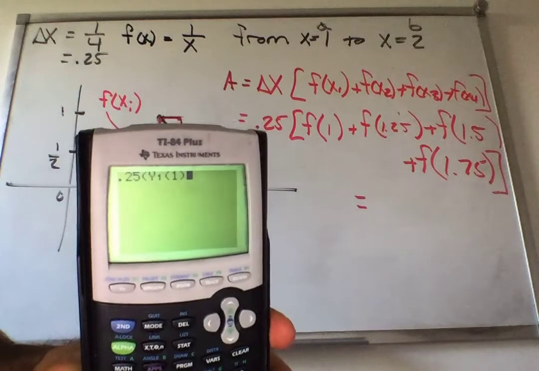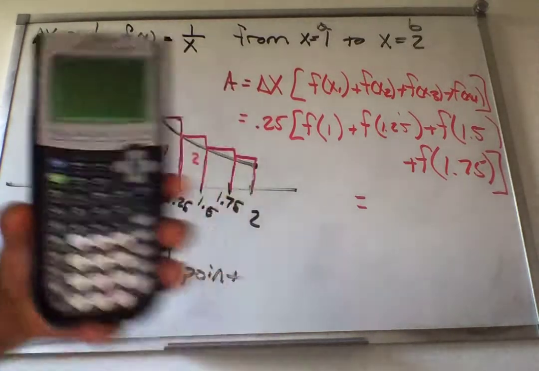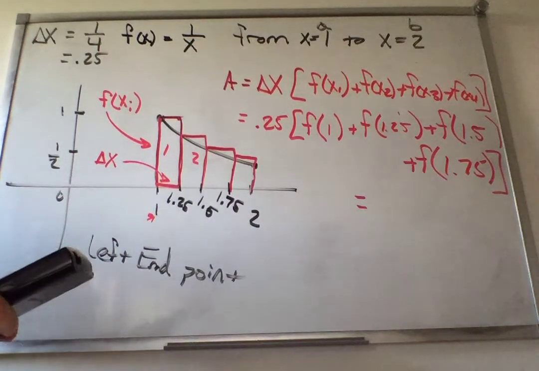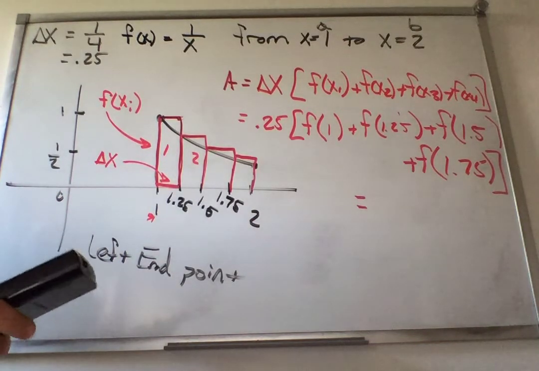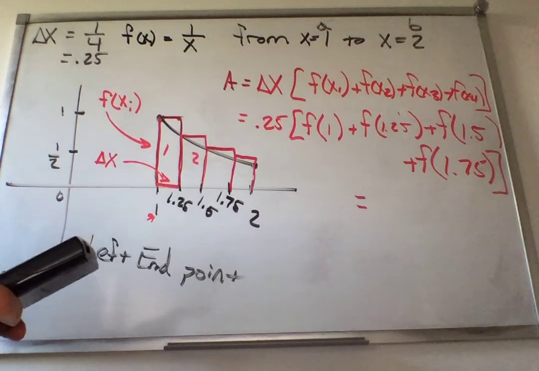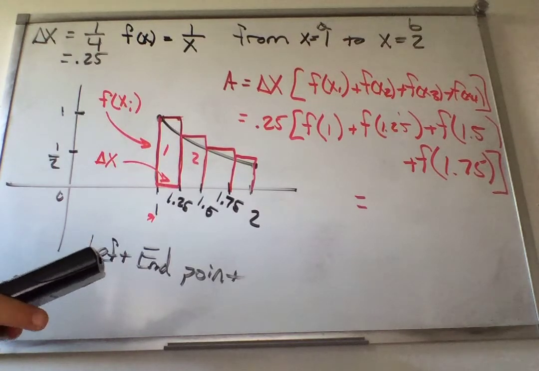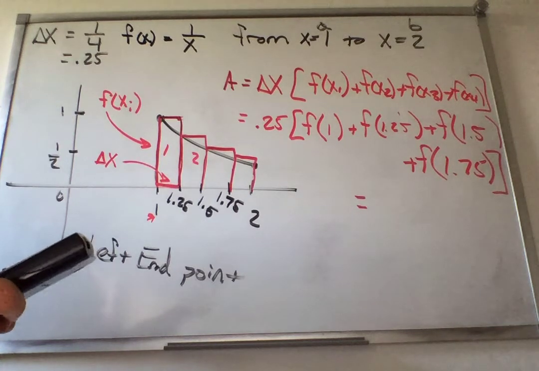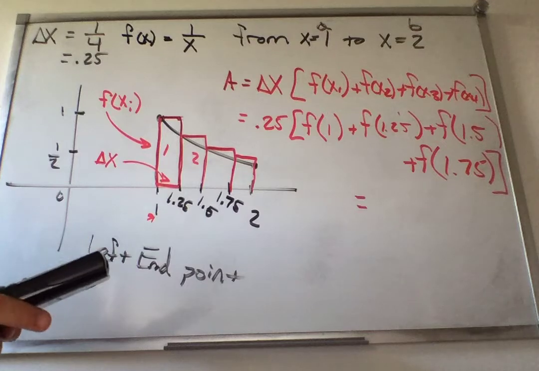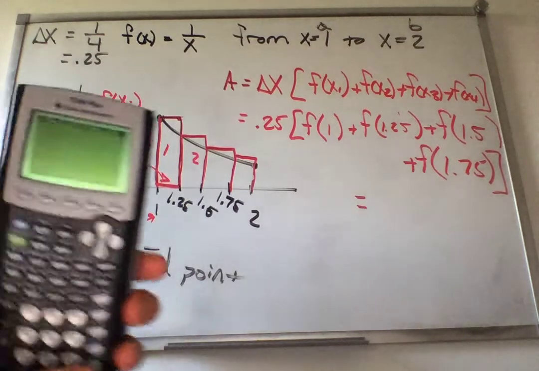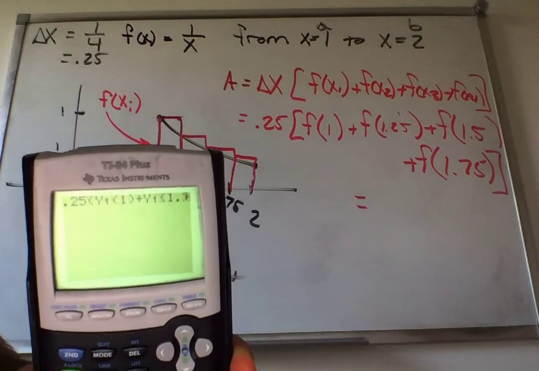That's the first piece, this f1 right here. Plus, I do it again: vars, y vars, function y1 of 1.25. Do it again with 1.5. And lastly, one more time, y1 of 1.75. Then close the parentheses and hit enter.